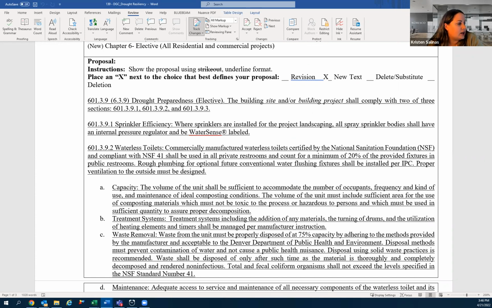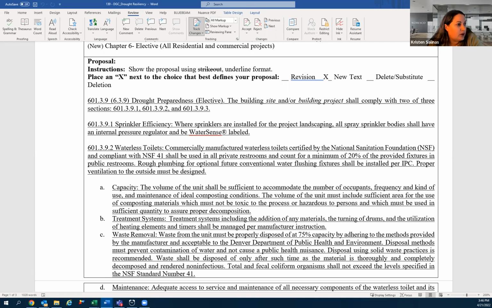The second component is waterless toilets. We looked at commercially manufactured waterless toilets to be used in private restrooms, as well as 20% of public restrooms. So there are some requirements here in terms of capacity, treatment systems.